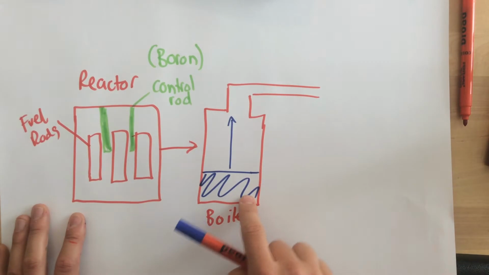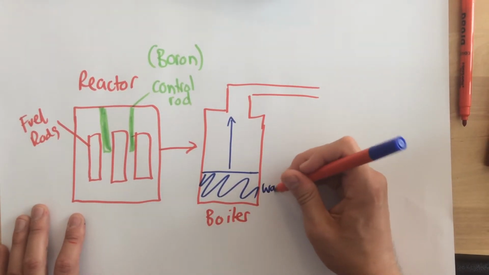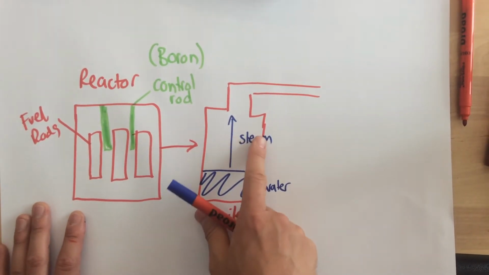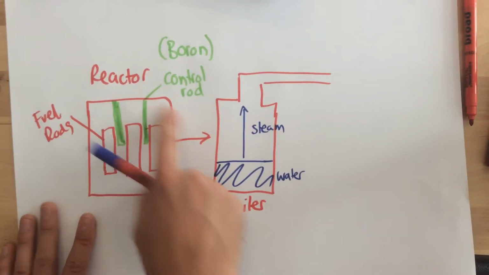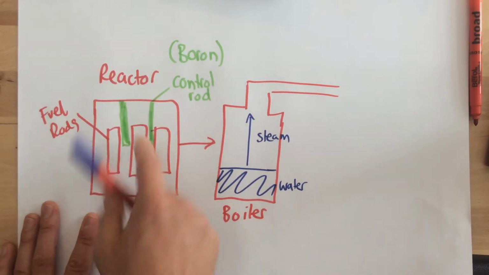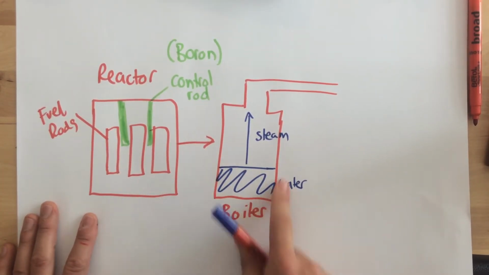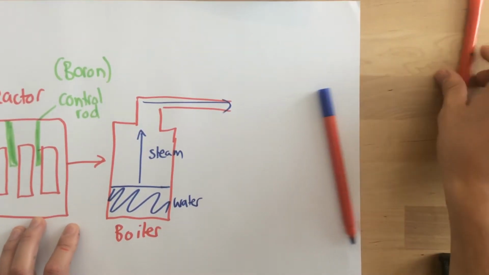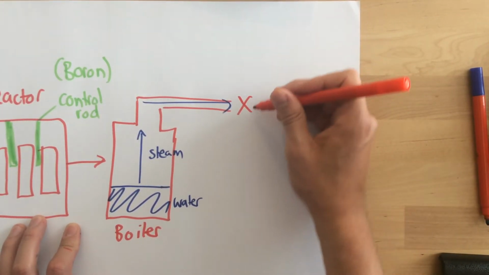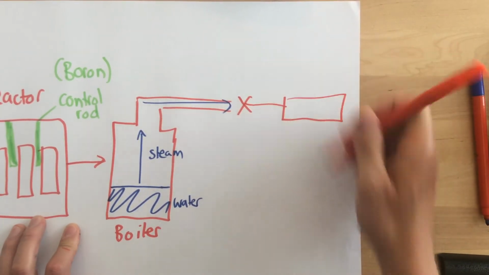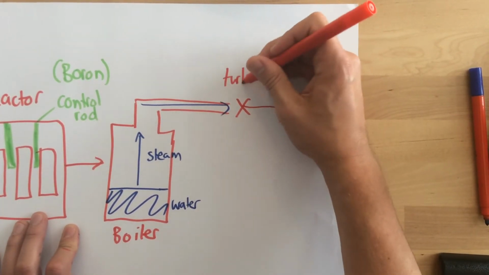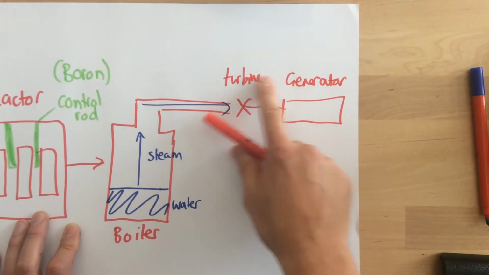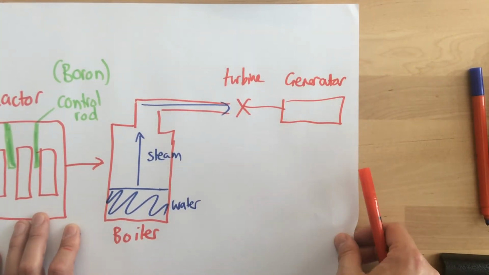So we're turning water into steam. So remember, because during these fission reactions we're releasing loads and loads of energy, that energy can be used to heat up water to turn it to steam. This steam can then go and turn a turbine which can power a generator and in turn generate electricity.